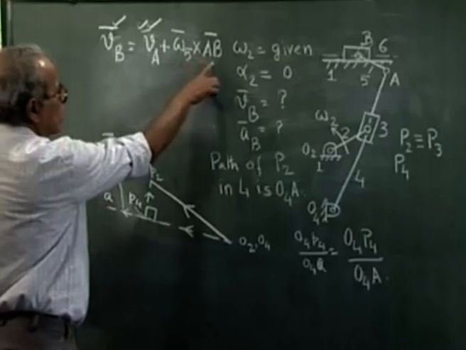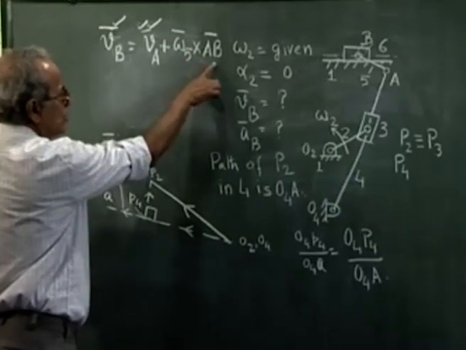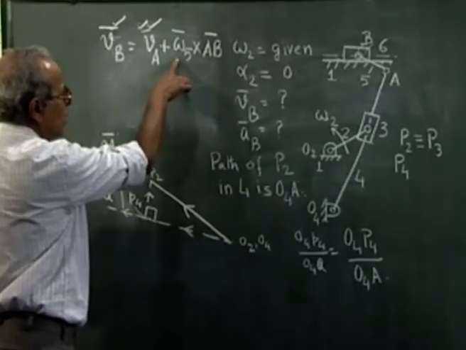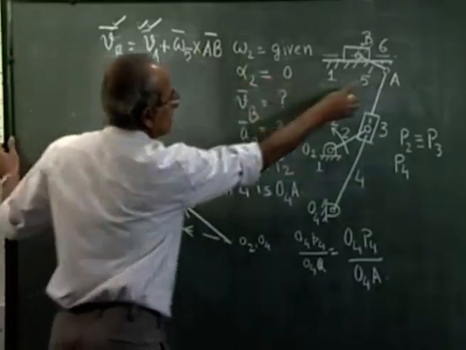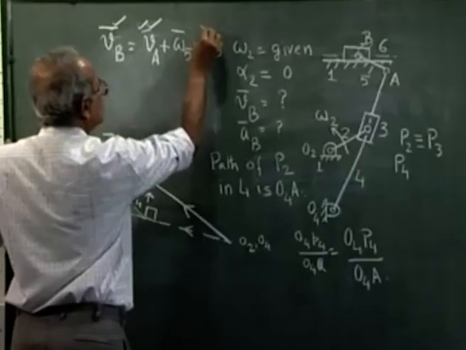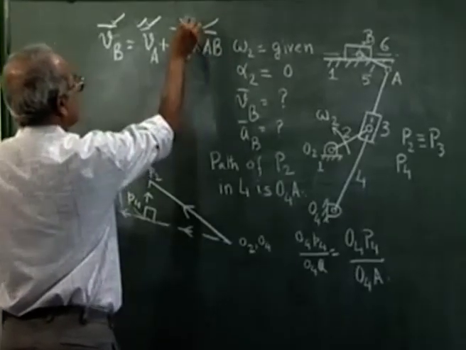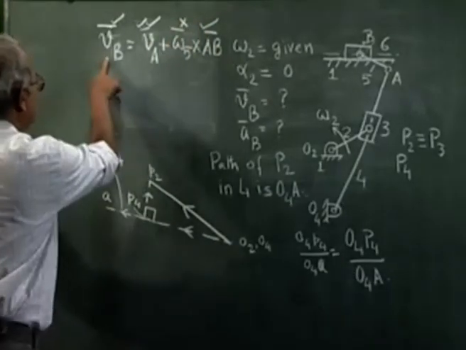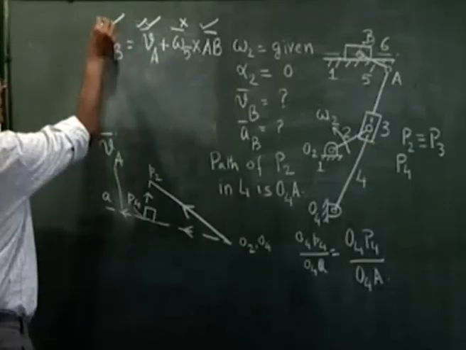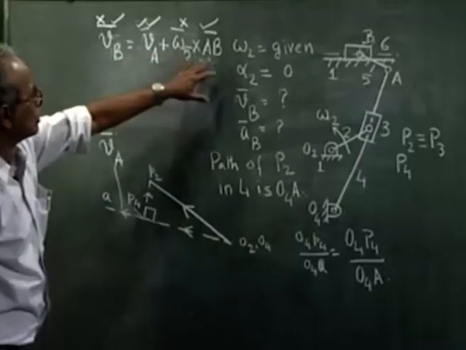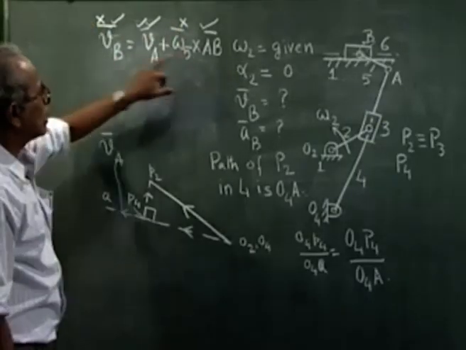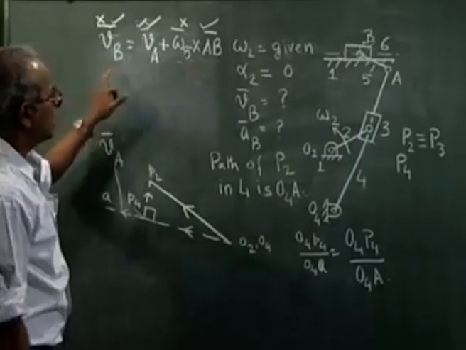Omega 5 cross AB, I do not know the magnitude because I do not know the magnitude of omega 5, but I know the direction. It is perpendicular to the vector AB. So, I know the direction but do not know the magnitude. For VB, I know the direction horizontal but I do not know the magnitude. So, again in this vector equation, I have only 2 crosses, that is 2 unknowns, so I should be able to complete the velocity diagram.